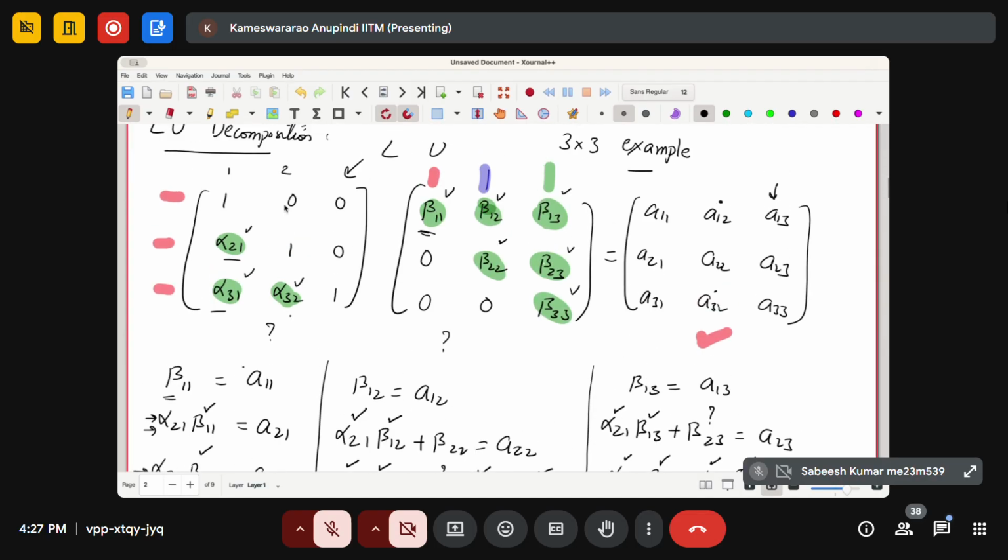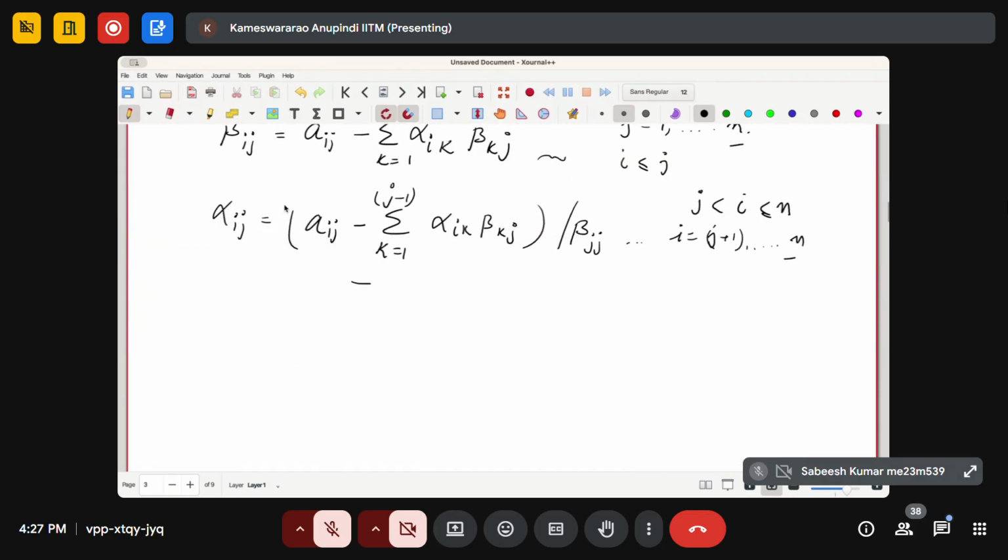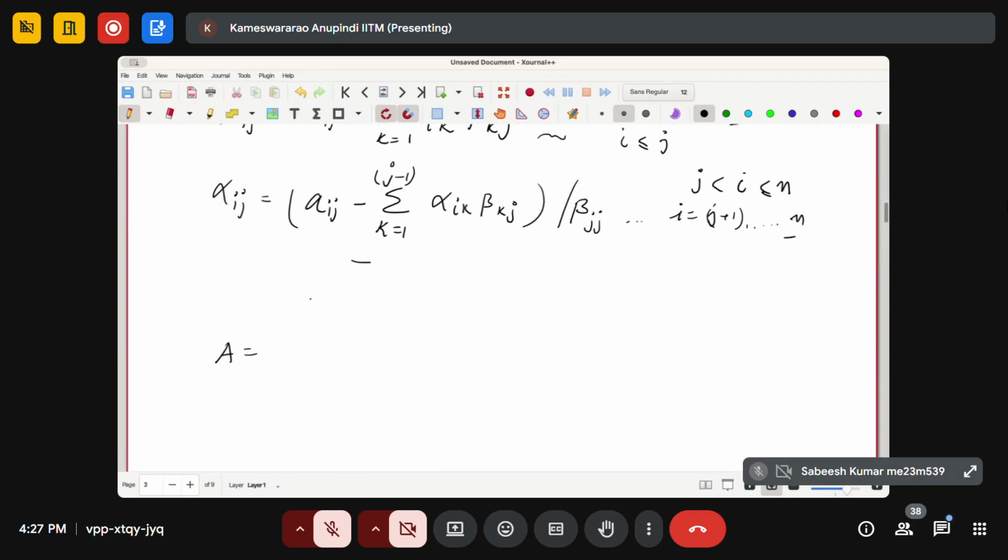So that means the matrix A can itself be replaced. That means at the end of the process, your A matrix, once it is transformed into LU decomposition, is going to look like beta 11, beta 12, beta 13, alpha 21, beta 22, beta 23, alpha 31, alpha 32, and beta 33.